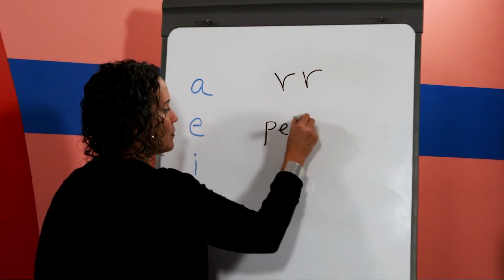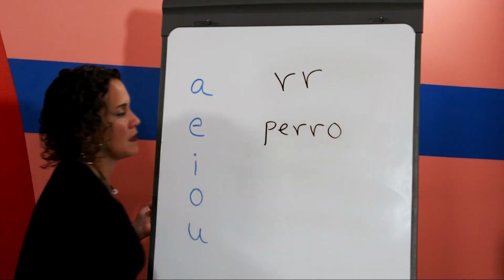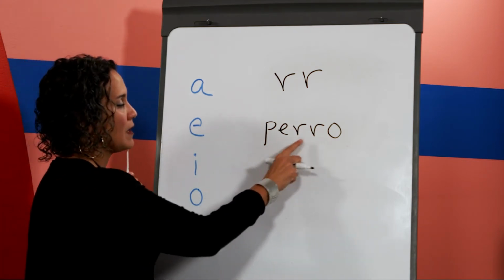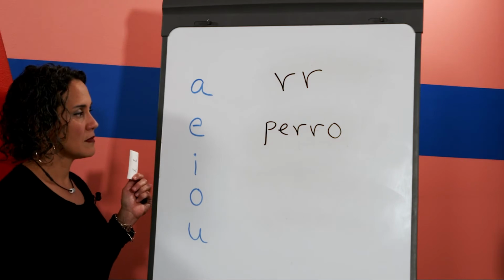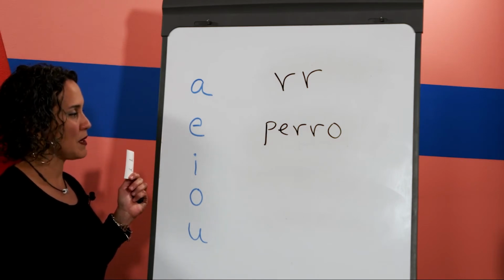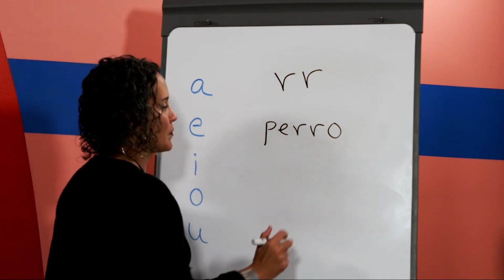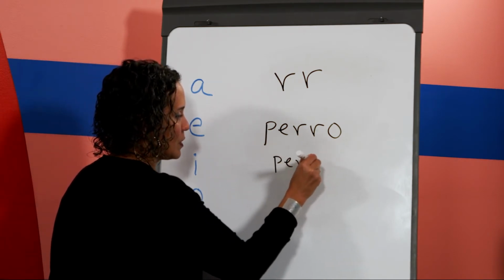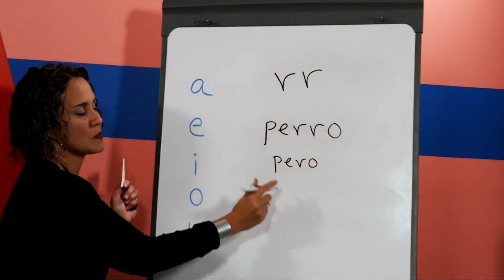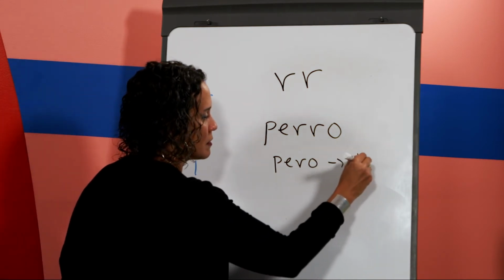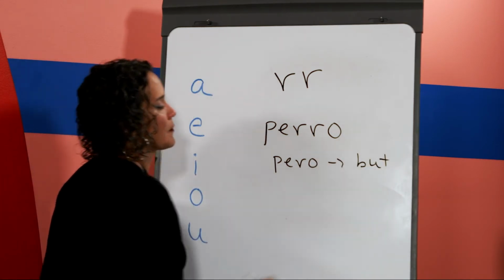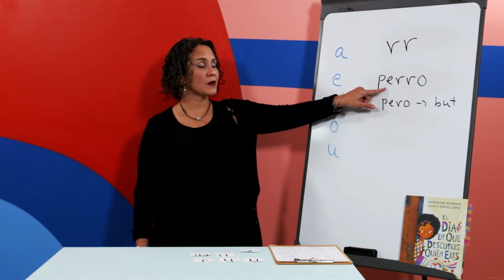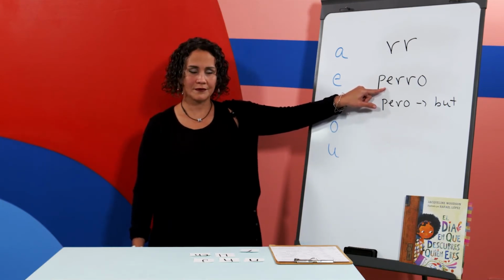This word. How do you think you pronounce that one? Perro. That's dog in Spanish. Perro. Now I want you to hear the difference between this one. This word means but. Okay? This is pero, and this one is perro.